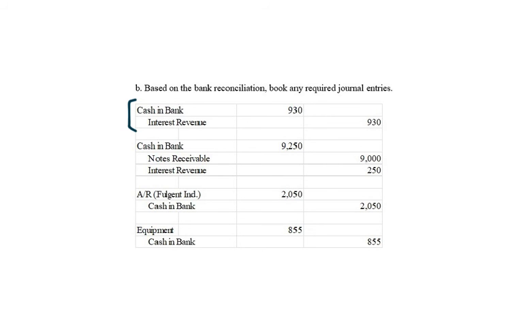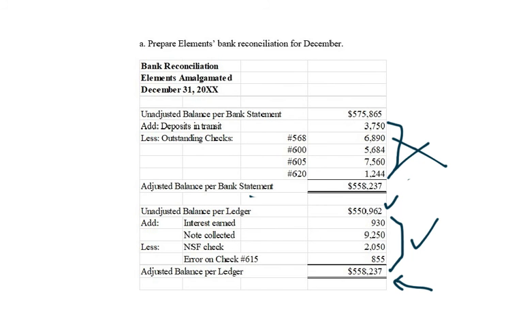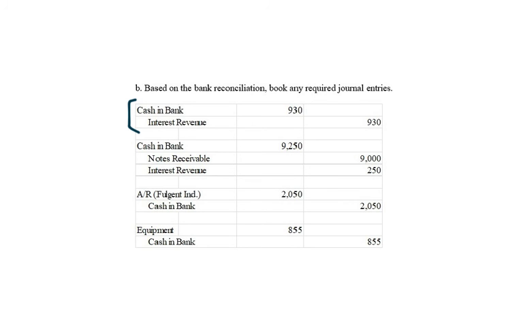So cash in bank, debit, interest revenue, credit for the 930. That's taking care of the interest earned here. Next up is to take care of that note collected. For that one, we're going to add 9,250.